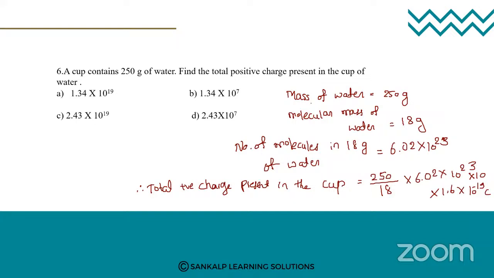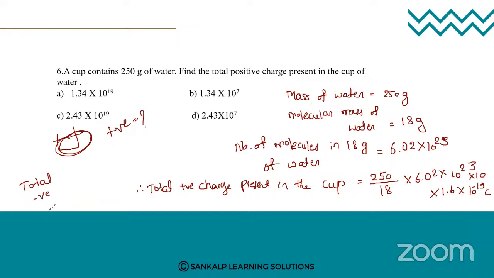I'll repeat the last step. The cup contains 250 gram of water. Find the total positive charge present in the cup. You need to calculate how many positive charges will be there in the full cup. They are not asking you the total charge, nor the negative charge, nor positive and negative together.